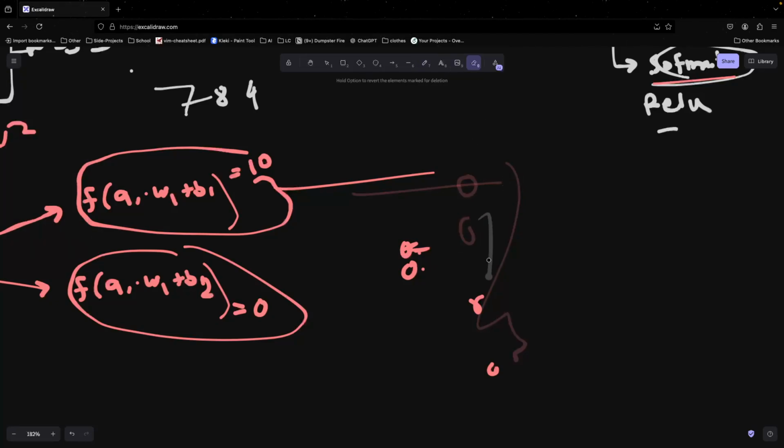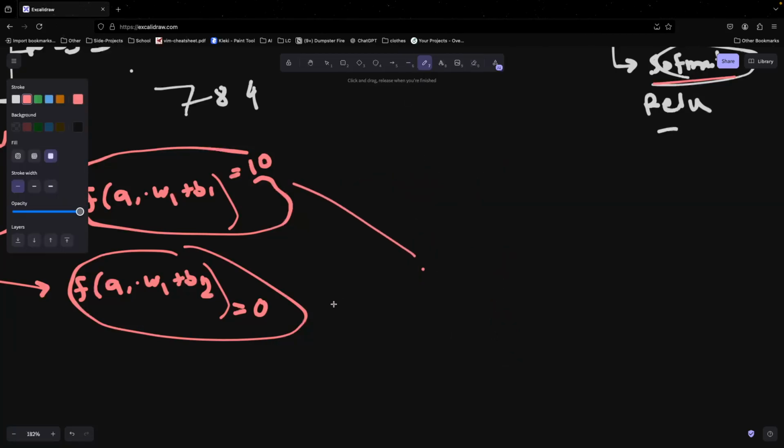But for simplicity's sake, we'll just assume that there's only one output right here, and the output of any neural network usually is a probability value. And so we just saw that our initial value is 10 or 0. That is not our probability, because probabilities can only be between 0 and 1. So how do we do this?